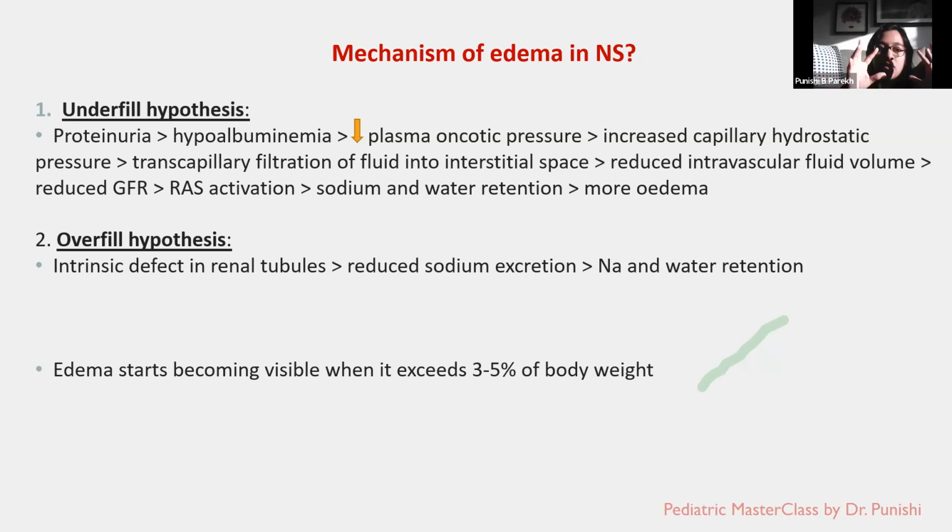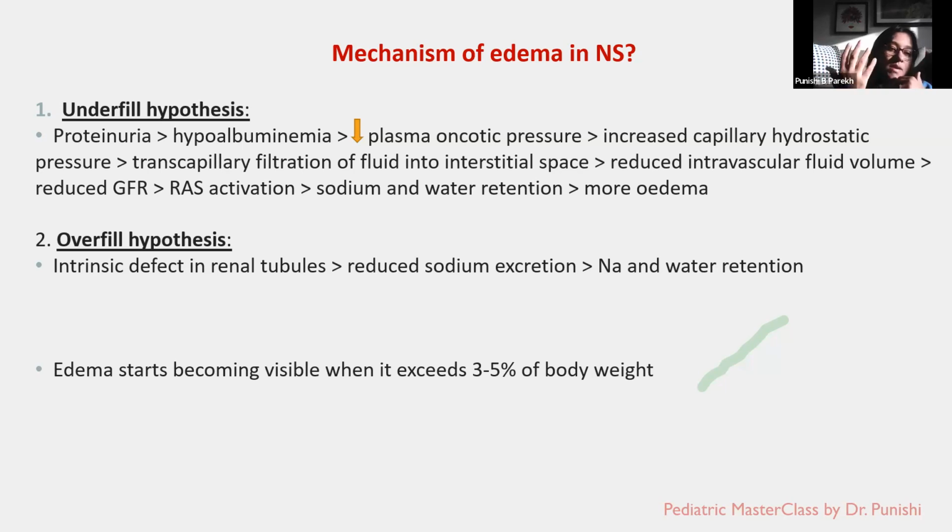So it's like a vicious cycle wherein it starts with hypoalbuminemia, proteinuria, decreased oncotic pressure, increased transcapillary filtration into the interstitium, decreased intravascular volume, activation of RAS, more sodium and water reabsorption, and more edema. I hope this is easy to understand. So this is what is called the underfill hypothesis.